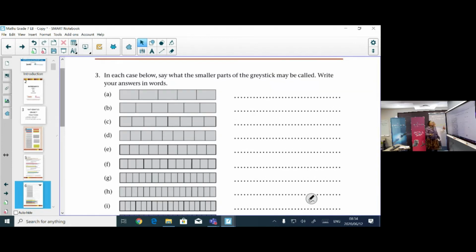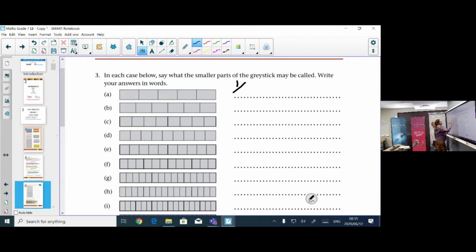In this question, in each case below, say what the smallest part of the gray stick may be called, and write in your answer. Here we are looking at the smallest part. How many parts are there? 1, 2, 3, 4, 5.